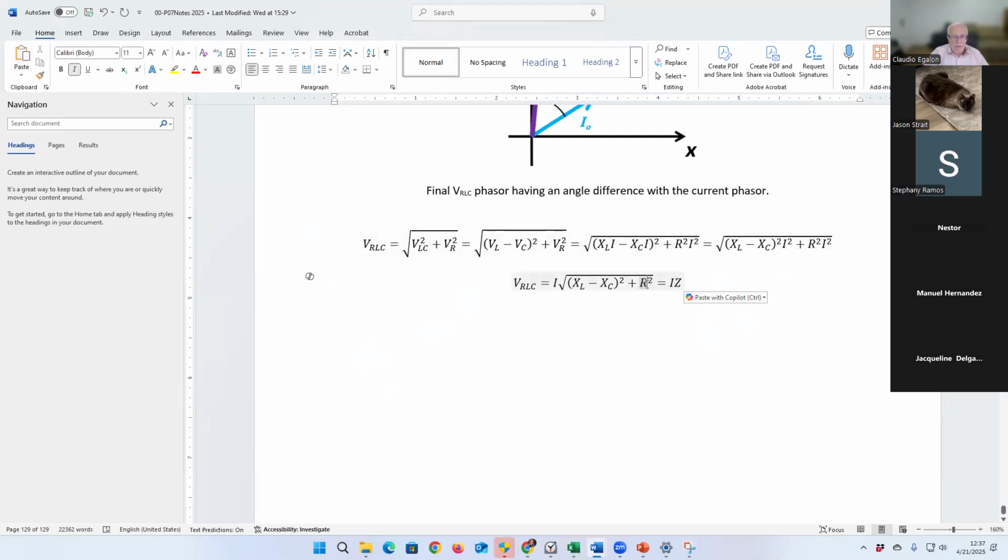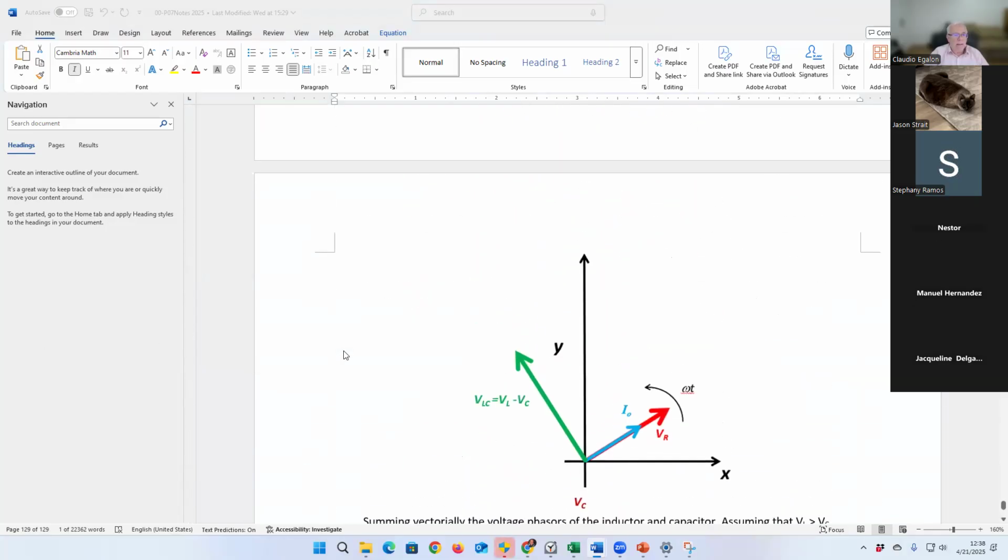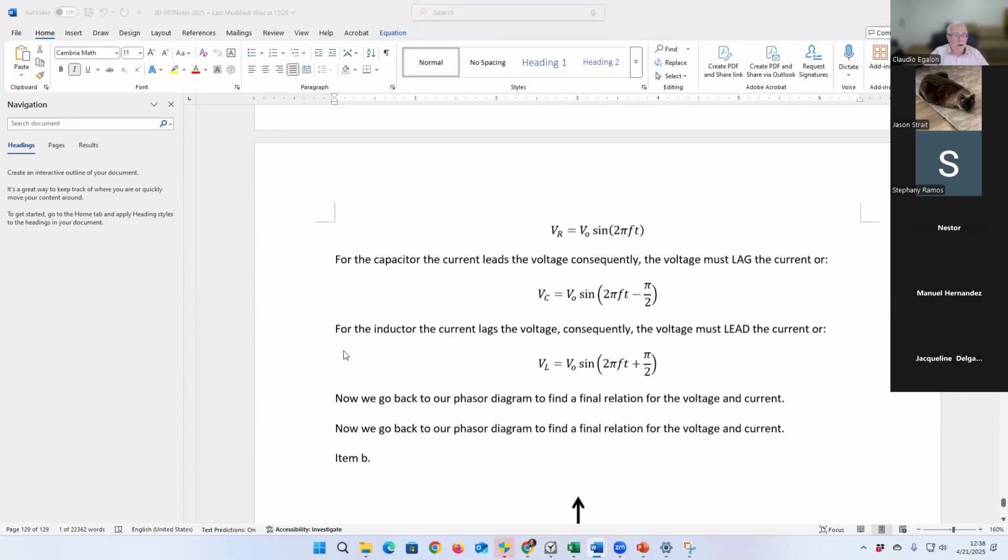Here's the resistance. Those two terms are just the AC corresponding of the resistance for an inductor and a capacitor. And that's item B, right? Item B that we asked for.